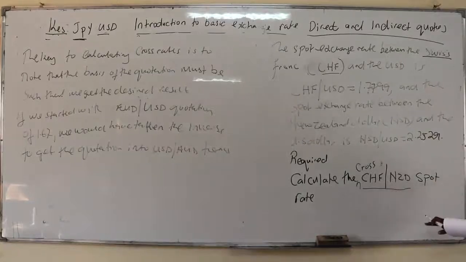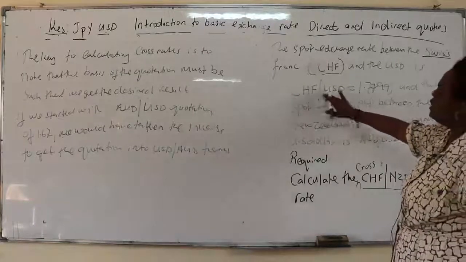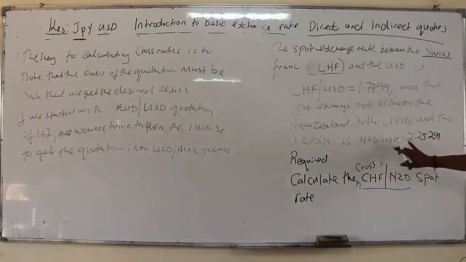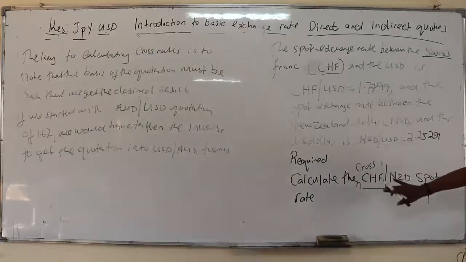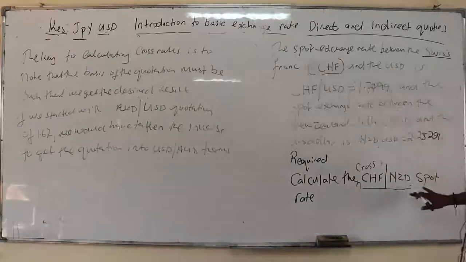That is where we are going to find the cross rate, because we have been given the rate between the Swiss franc and the US dollar, and the rate between the New Zealand dollar and the US dollar. But we don't have the rate between the Swiss franc and the New Zealand dollar.